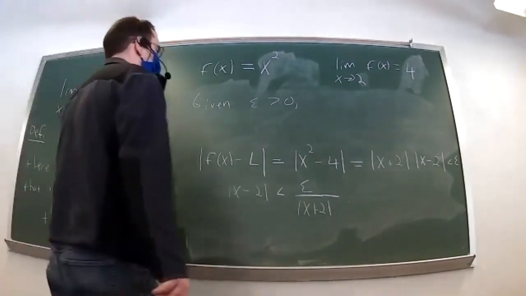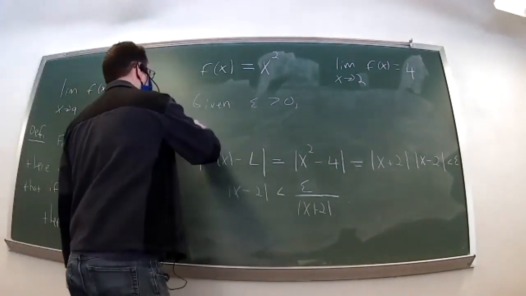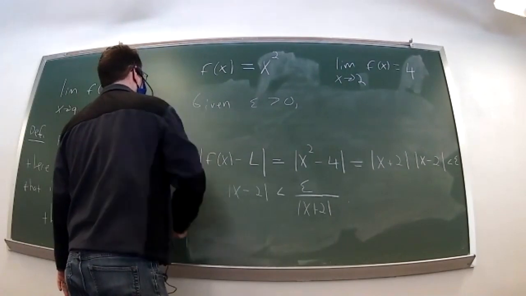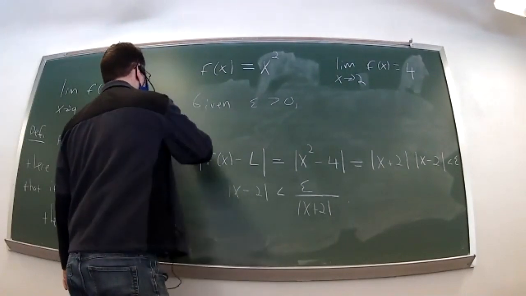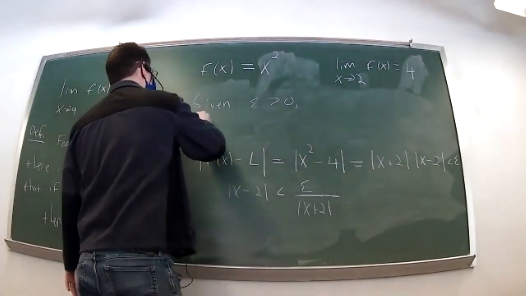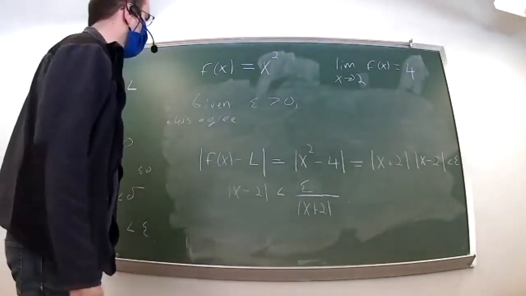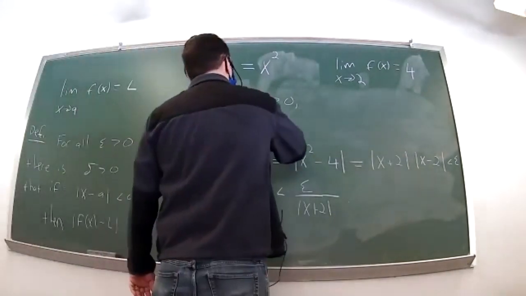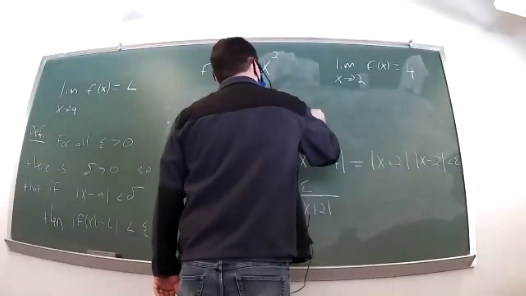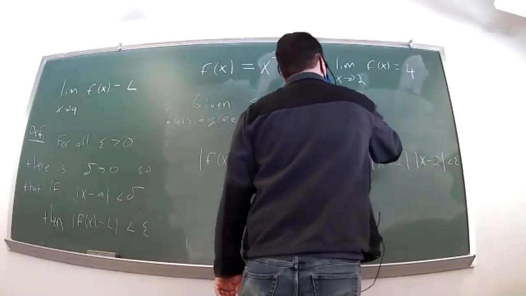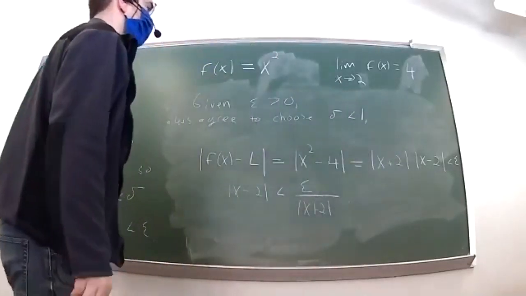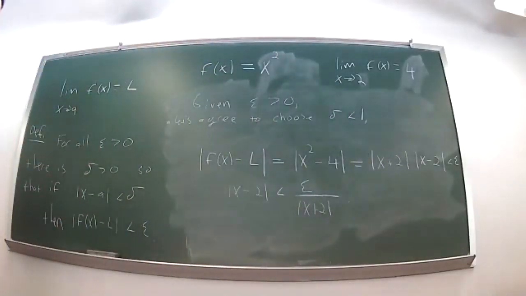The best way to do that is, at first, let's agree that whatever we choose delta to be, let's choose delta to be less than 1. So whatever the value of delta is, let's make sure that it's less than 1.